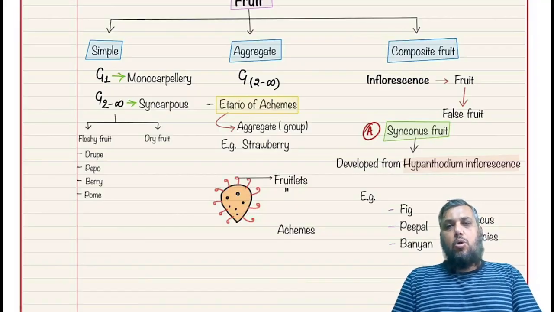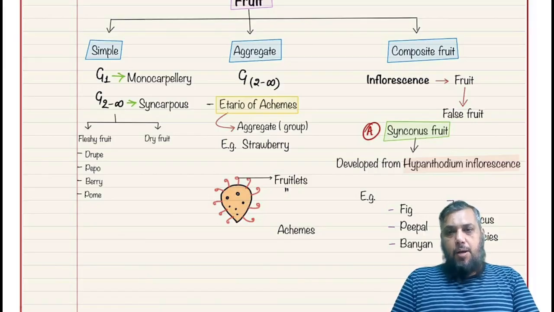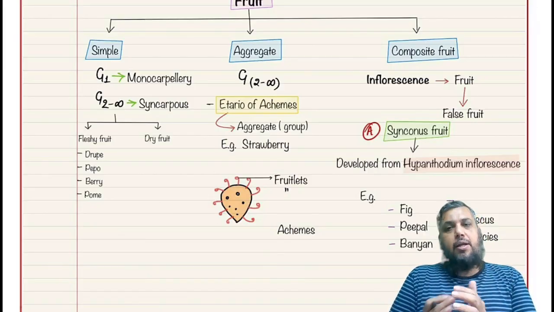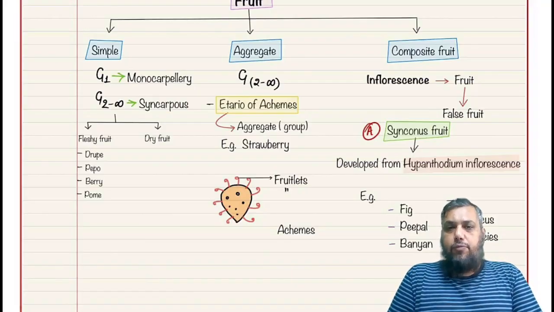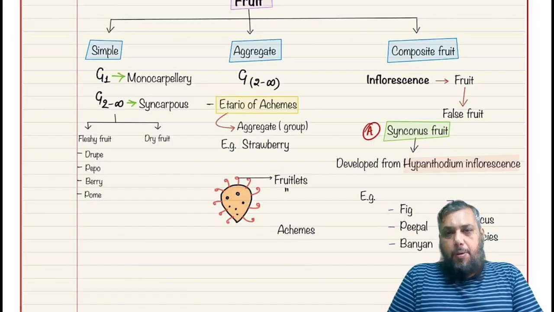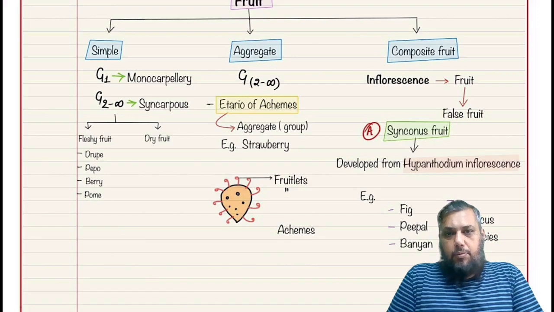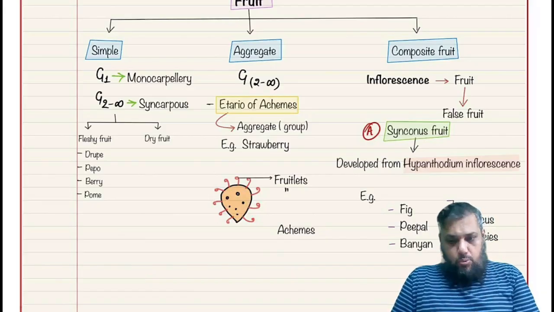So that is what is a polycarpellary apocarpous gynoecium, where every ovary developed into a fruitlet and many fruitlets came together, resulting in the formation of an aggregate fruit. इसके एग्जाम्पल में you have strawberry, also you have custard apple. These come under the examples of aggregate fruit. अब उसमें इटारियो ऑफ अशीन्स होता है, इटारियोस ऑफ बेरीज होता है, ऐसा अलग अलग इटारियोस होता है.